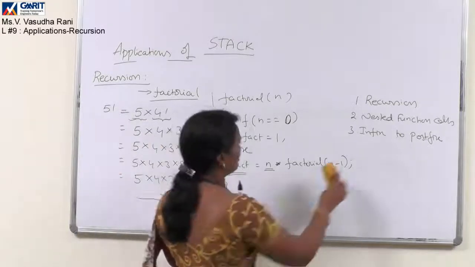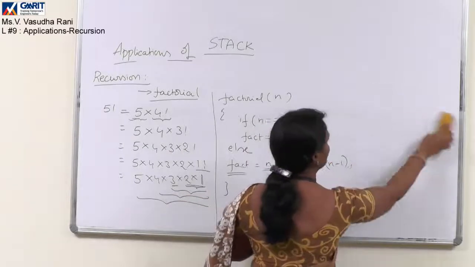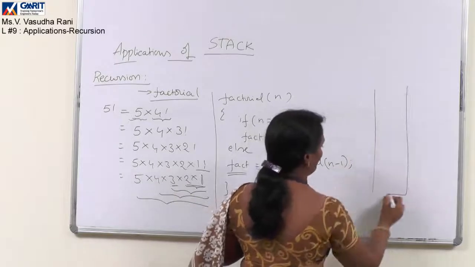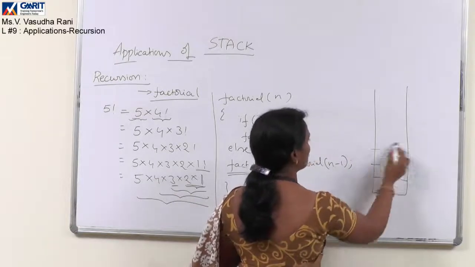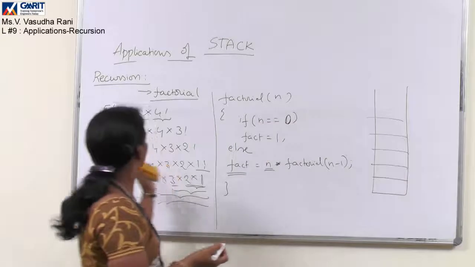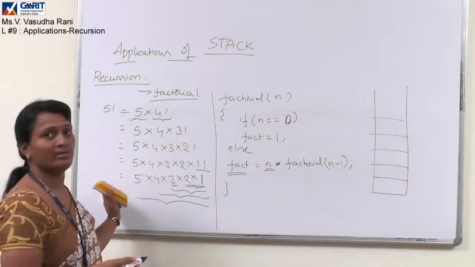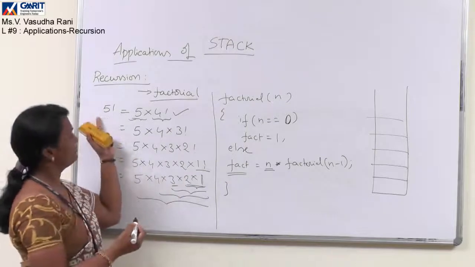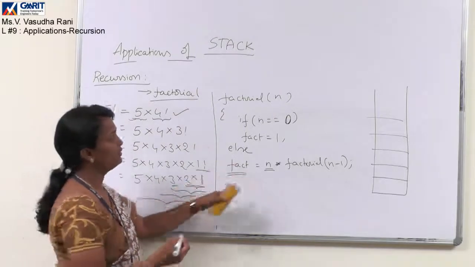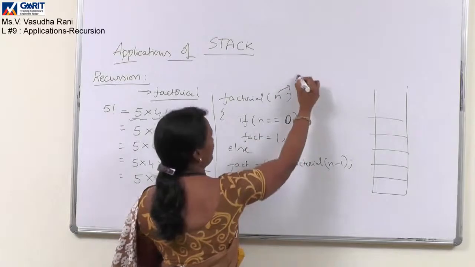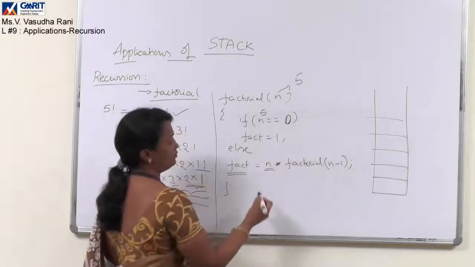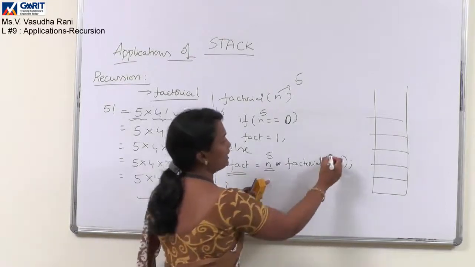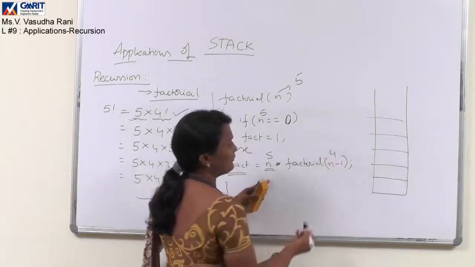And for this particular thing, how is stack utilized? Here stack is used for storing the intermediate results as part of the calculation of this factorial. Once we are at the first step, 5 factorial is given. First time when the function is called, n is 5, 5 is not 0, and here we will get fact equal to 5 into factorial of 5 minus 1, it is 4.